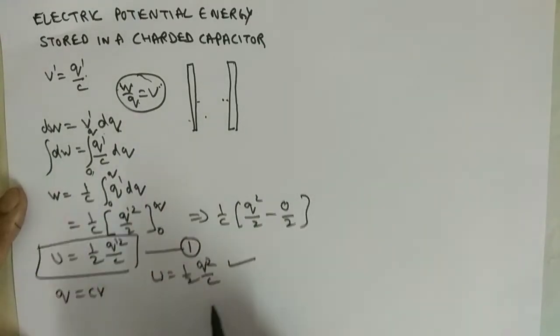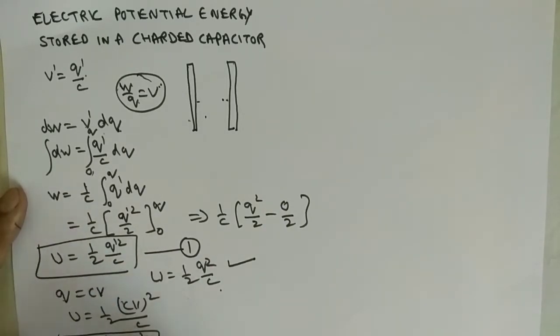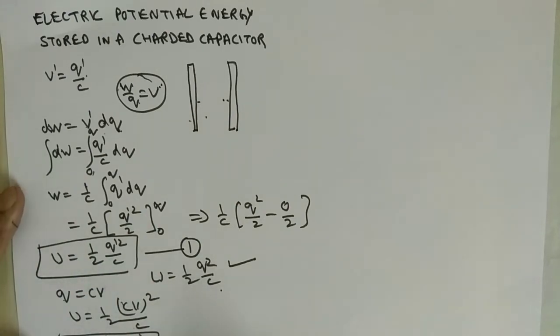Now see some more forms of this formula. If you put Q equal to CV, we write half, CV square upon C. One C is cancelled, so half CV square. This is the most popular formula for the potential energy of the capacitor.